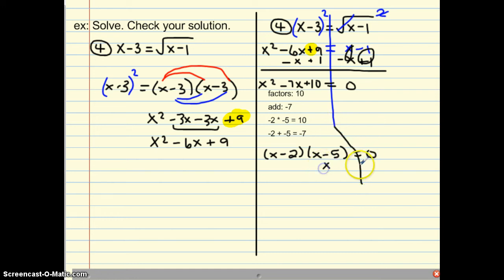So we have x equals 2 and 5, but one of these doesn't work because, get back up here with our blue highlighter, our square root, our solution is x minus 3.